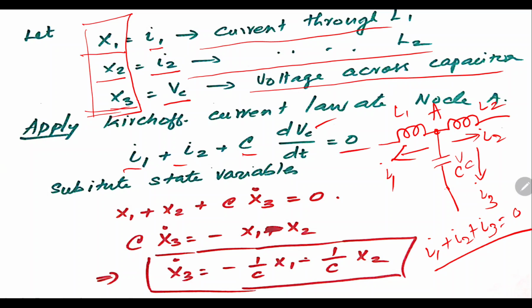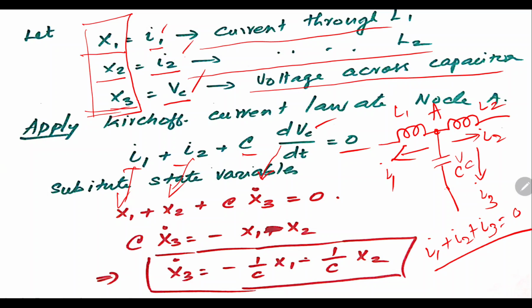Now we are going to substitute the state variables, that is we are going to replace I1, I2, Vc by x1, x2, x3. So I1 is equal to x1, I2 is x2, and Vc is x3. In fact, here dVc by dt is the first order differentiation of the third state variable, x3 dot, which is equal to 0.